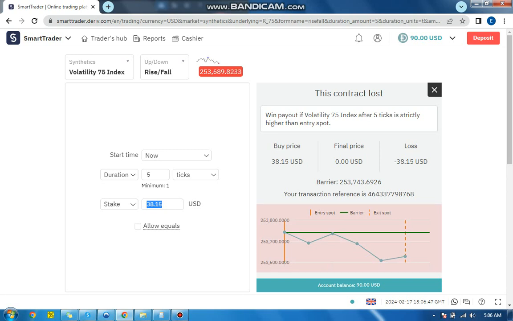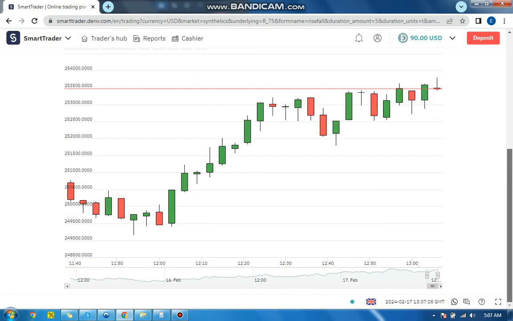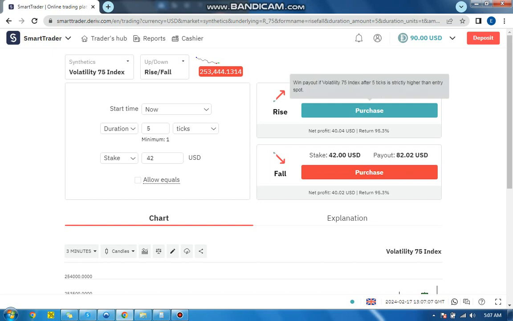We have lost $38.15. We will go with $42, which will give us the return of $40. We have to wait for number 8 or 9, and we will take the trade upwards.